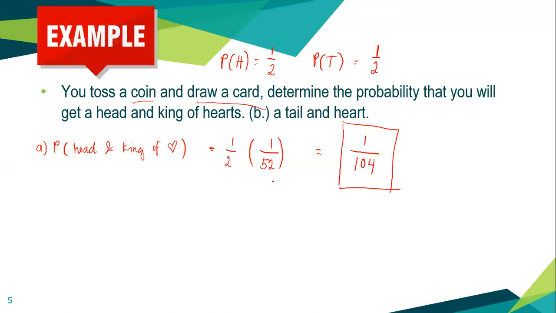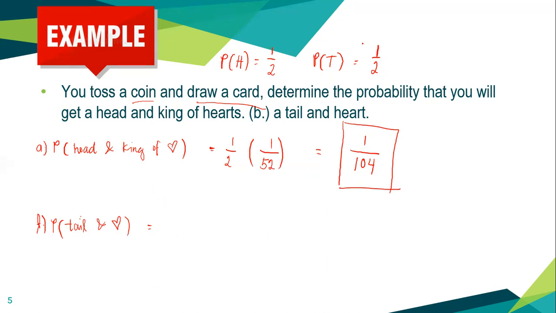Then, moving on to letter B. So for letter B, we have probability of tail. So kailangan naman ang makuha natin kapag nag-toss tayo ng coin ay tail and heart. So walang specific, basta heart lang yung binigay niya. What is the probability of tail?